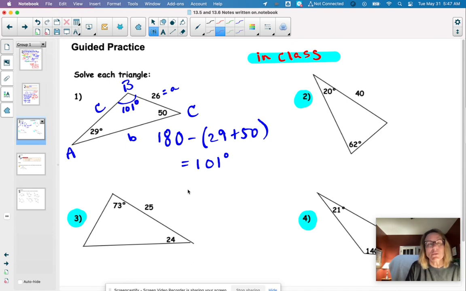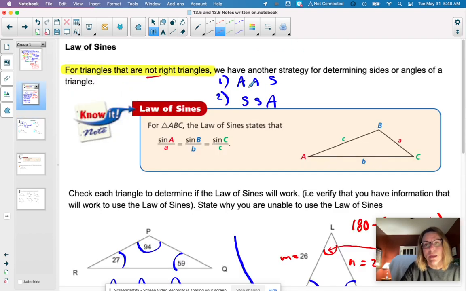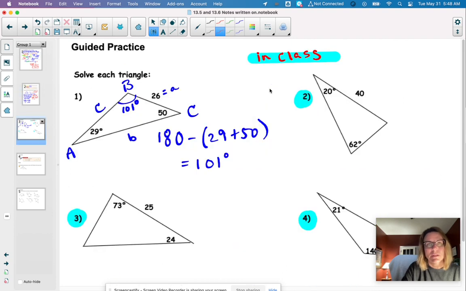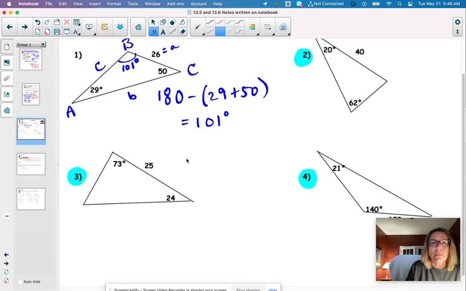All right, so let's start with what we know. Another thing we knew we could use the law of sines is because we were given angle, angle, side. We go back, angle, angle, side. And notice it's because this angle is next to this angle, which is next to this side. So yes, law of sines is going to work.